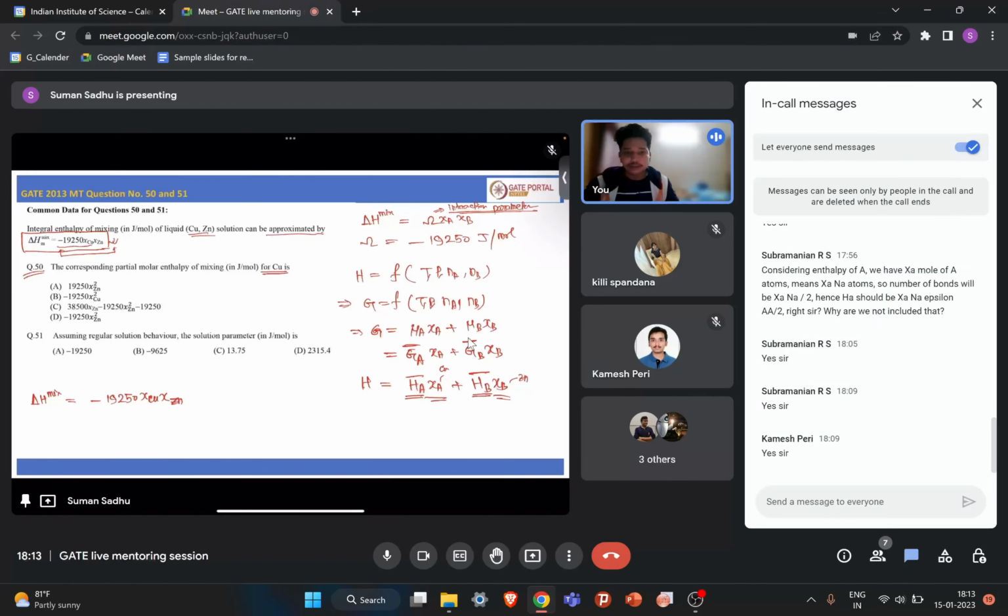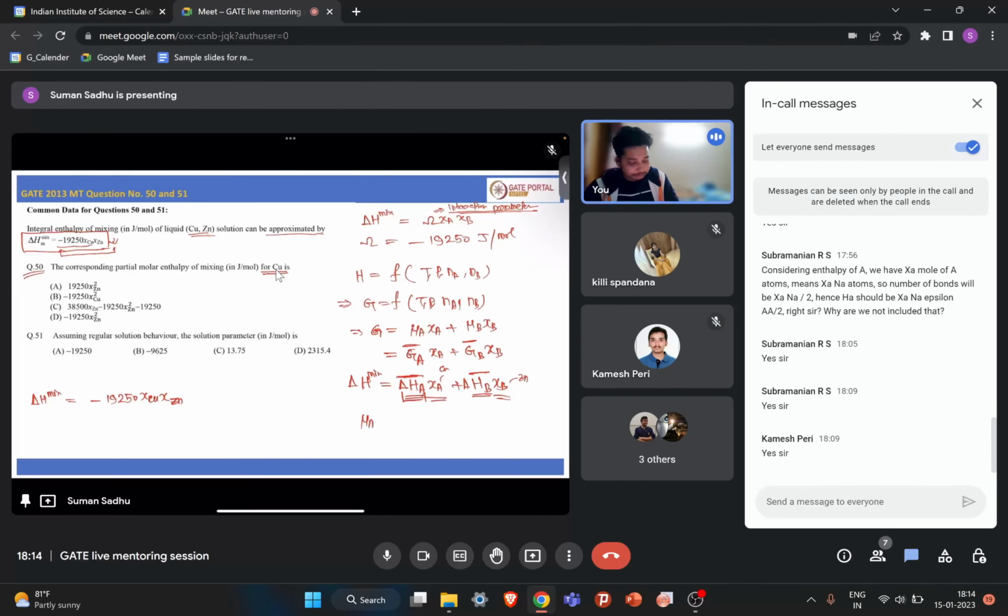So I think you have understood that question, right? You have to calculate the partial molar enthalpy for copper. That means we have to calculate HA bar. So if you write delta H mixing in this form, then only we can compare it with the value of delta H mix, like we did earlier in case of G or mu.